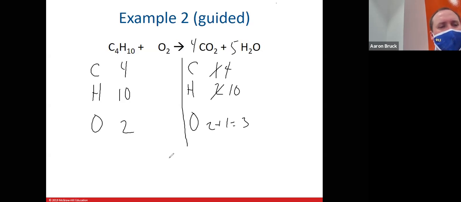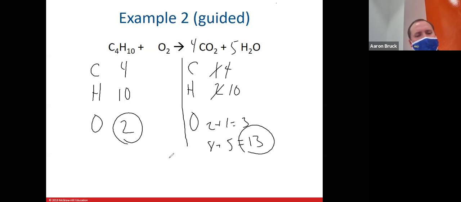That'll give me 10. Oxygens now, I have 4 times 2 is 8, plus 5 more, 13. And I would have gotten to a spot where I have an odd number of atoms that can only be balanced by an even number of atoms. Something that is not technically possible to do.